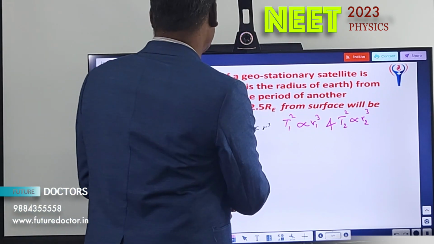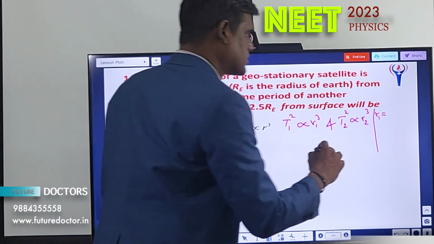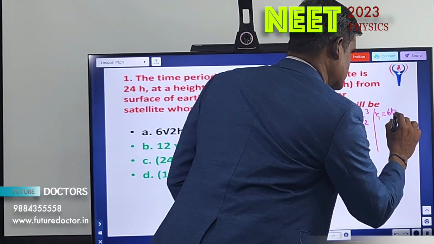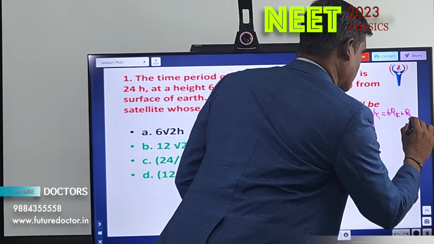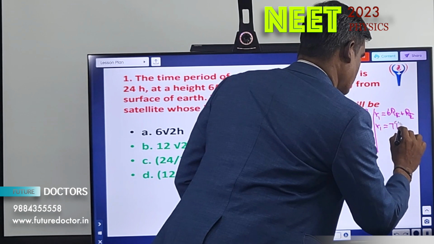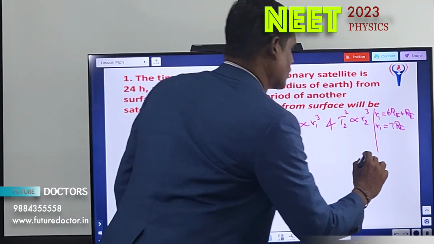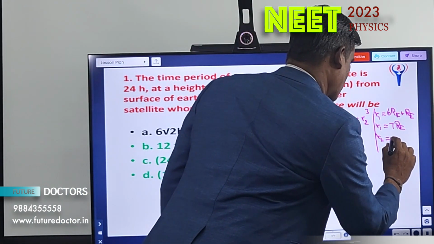R1 is given as 6 RE plus RE, because the height is measured from the surface, equal to 7 RE. Similarly, R2 equals 2.5 RE plus RE, that is 3.5 RE.